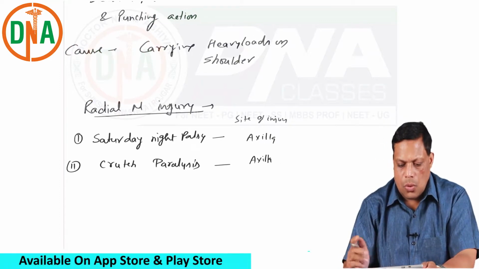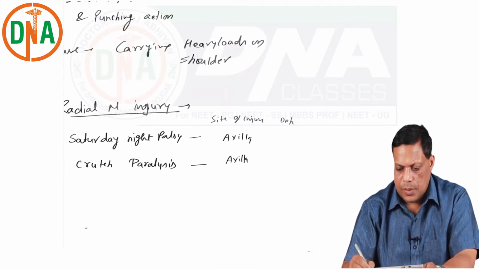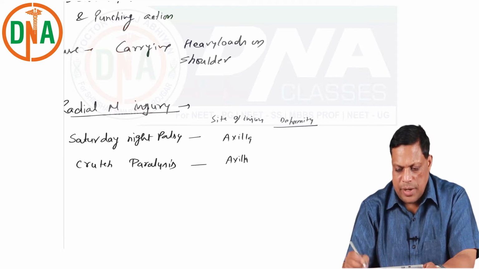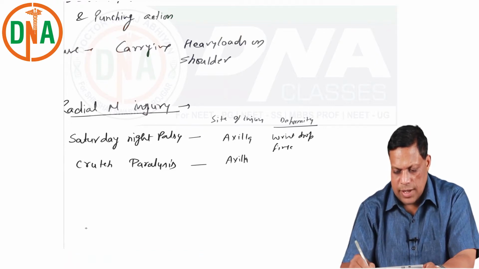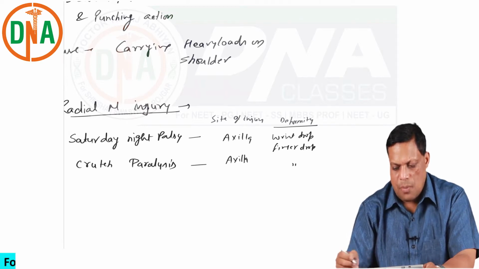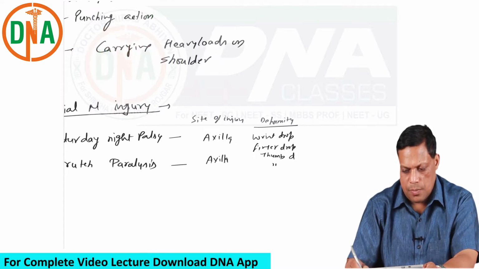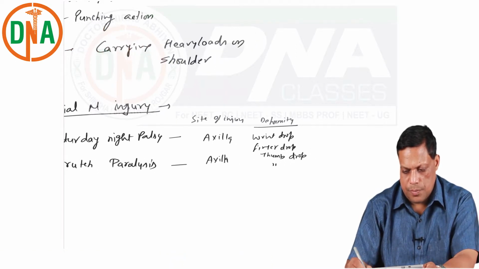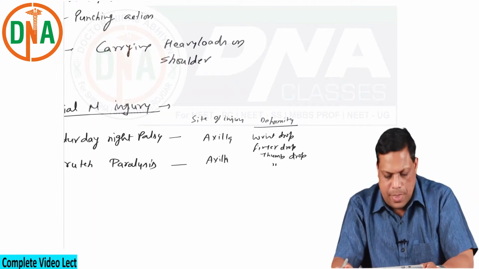Now, what is the deformity? The deformity is the same. It is the wrist drop, also known as finger drop or thumb drop. So these are the same deformity.